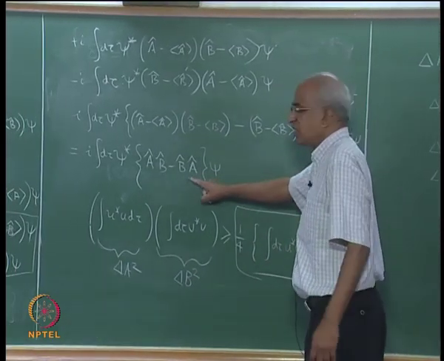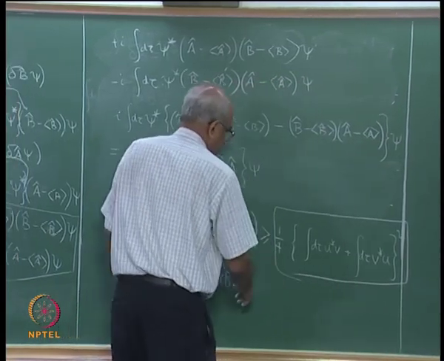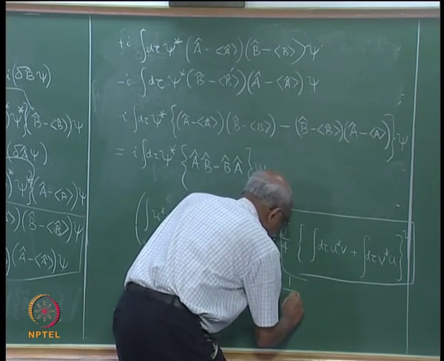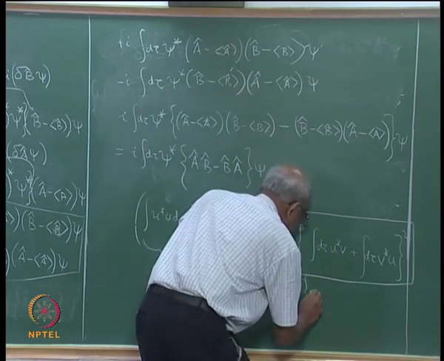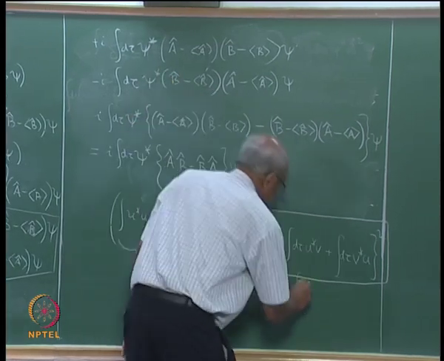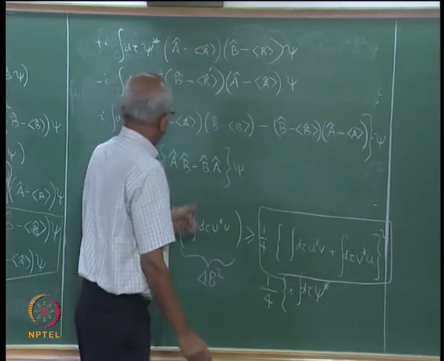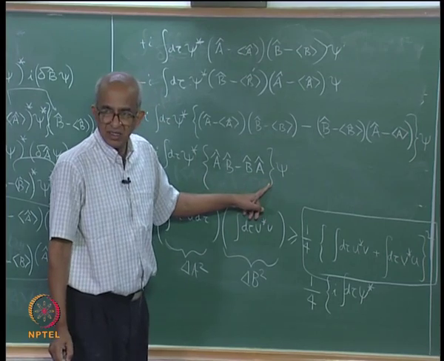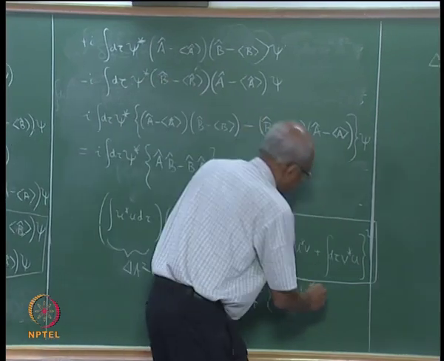What is the answer? The answer is that, and therefore if I substitute that into the right hand side, what am I going to get? I am going to get 1 by 4 times i times the integral d tau psi star. What is this actually? It is ab minus ba, and this is the thing that we have been referring to as the commutator of a and b.